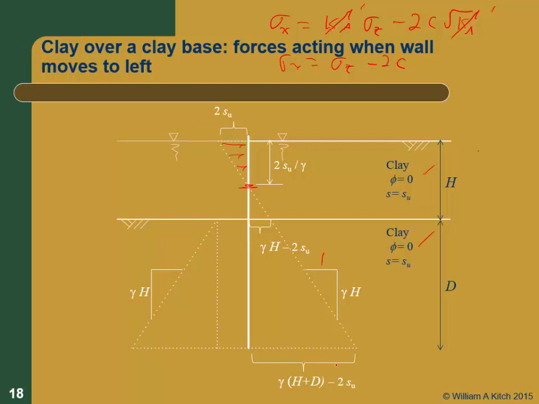And then on the passive side, this slope is still gamma times h. And the length along the base there is going to be gamma times d plus 2 SU, because this distance right here is 2 SU.